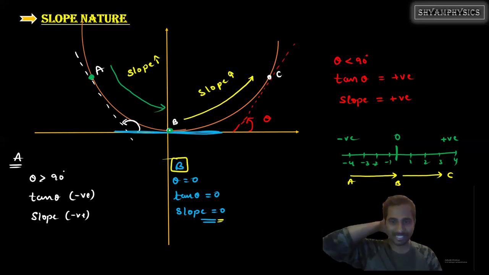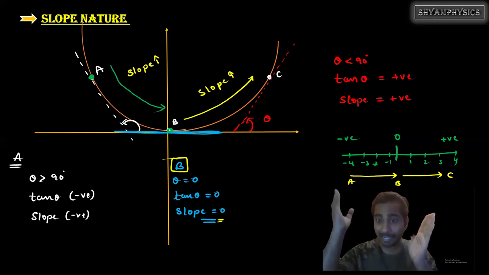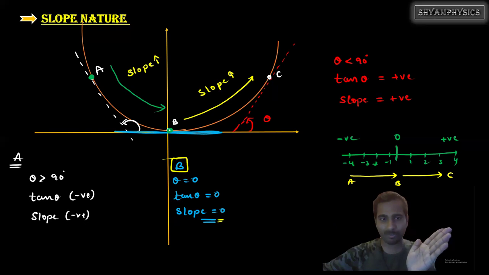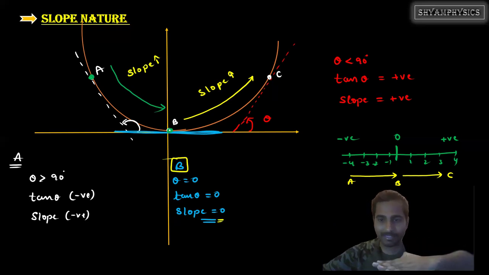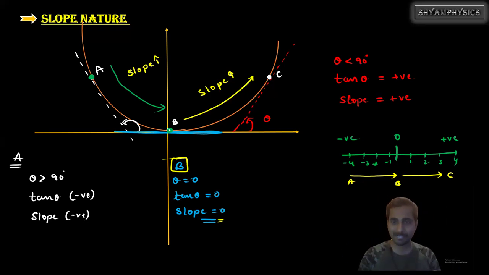Hope you all understood what happened to the slope from A to B and B to C. If I ask at A, what is the slope? It is negative. At B, 0. At C, it is positive. What is the nature of the graph from A to B and B to C? Simply we can say from A to B, the slope is increasing, and at B, it is 0, and from B to C, it is increasing.